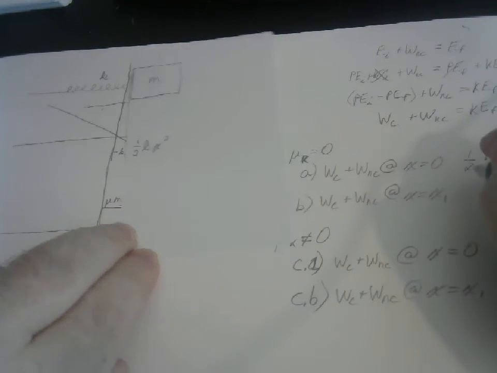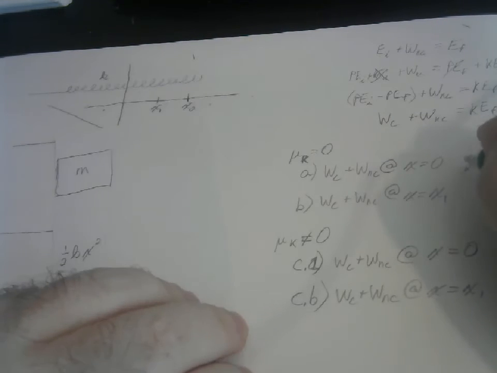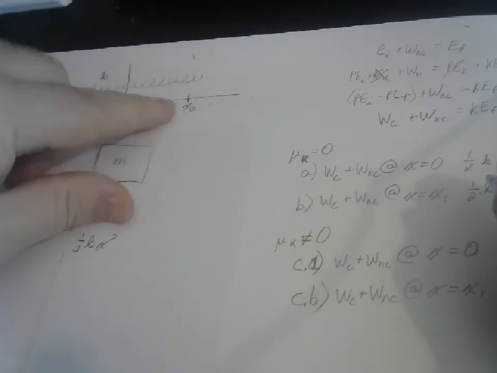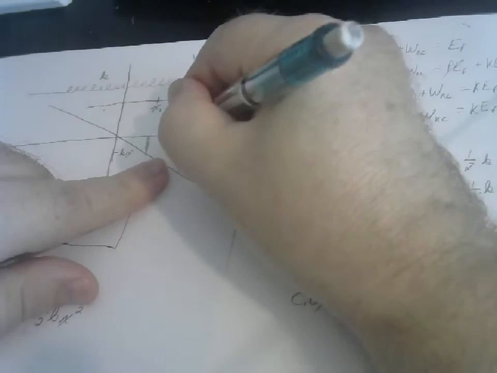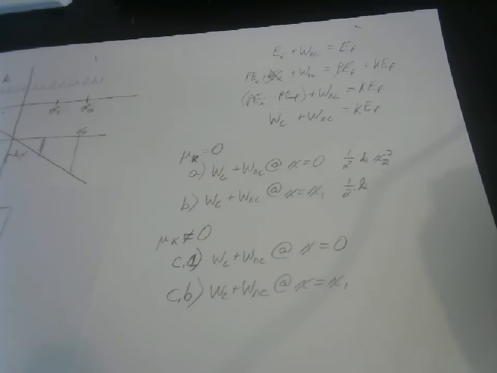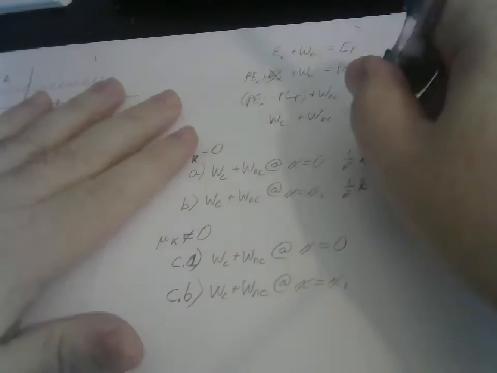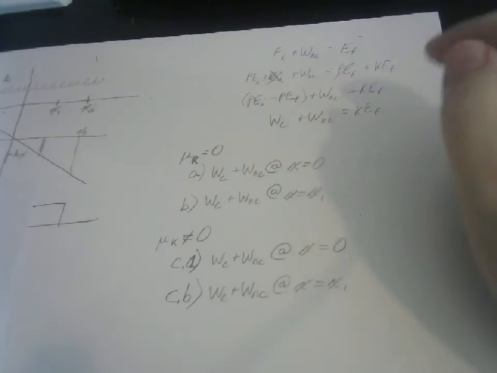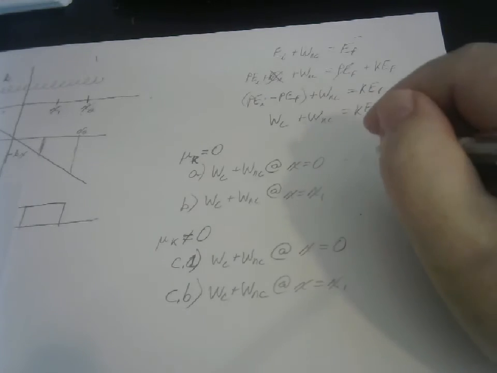Okay, so the work done, or the kinetic energy, will be 1/2 k, oh sorry, this was x2 squared, because we pulled it out to x2. And this one will be 1/2 k x2 squared minus 1/2 k... Anyway.